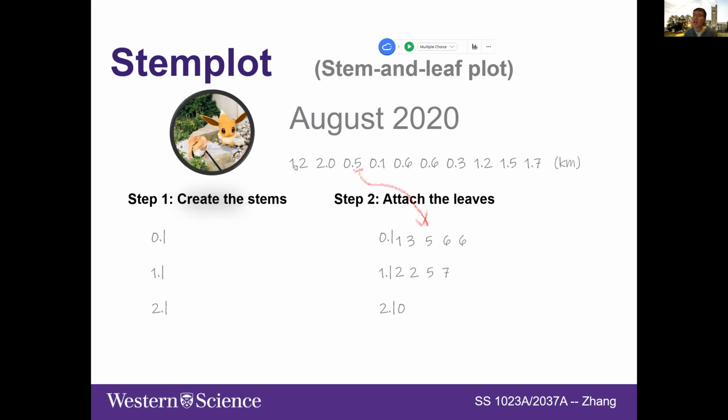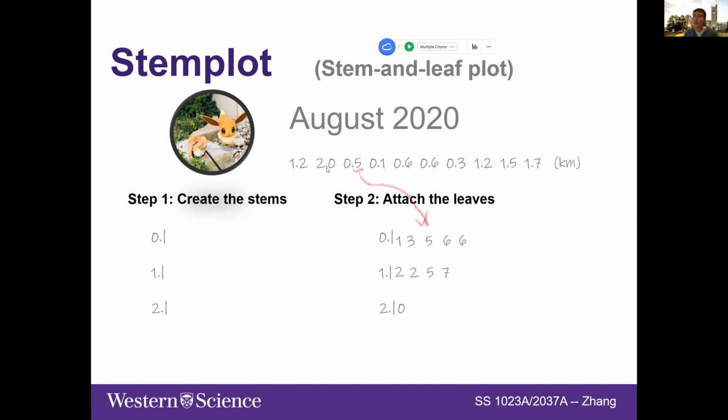Say if you have 120 and 200, you could pick 12 as your stem, or you can pick 1 as your stem. So there are two different ways. But here, we only have one way because we only have two digits. So we pick the first digit, which has less variation, as the stem.